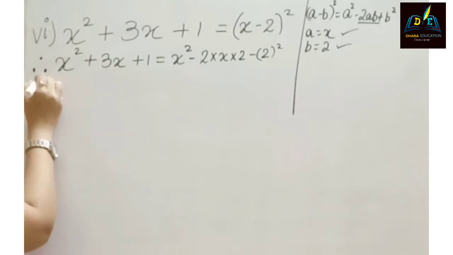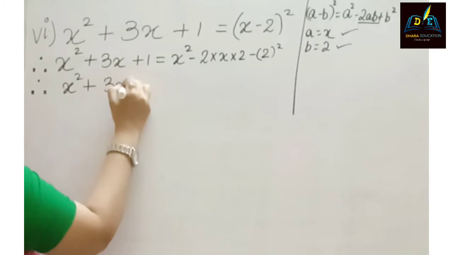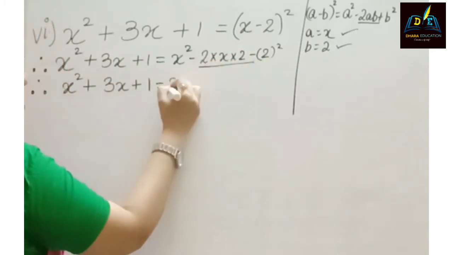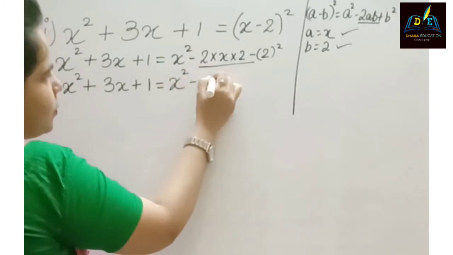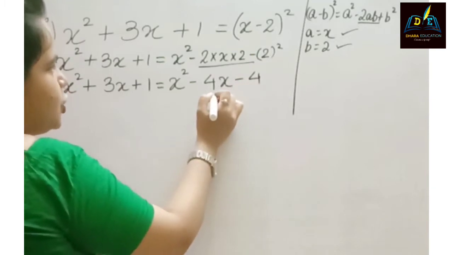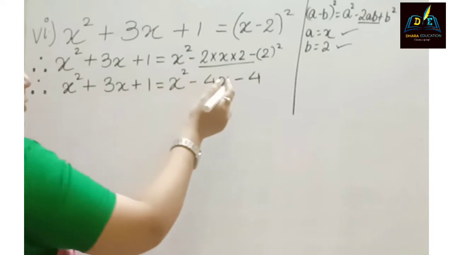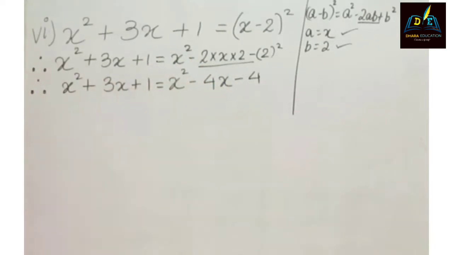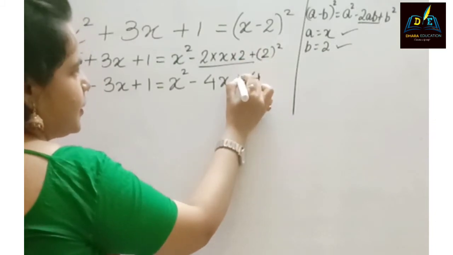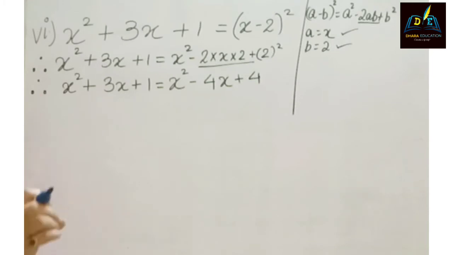Now the next step will be x square plus 3x plus 1 is equal to, we multiply all the terms, x square minus 4x plus 4. Students, you need to understand the importance of sign.